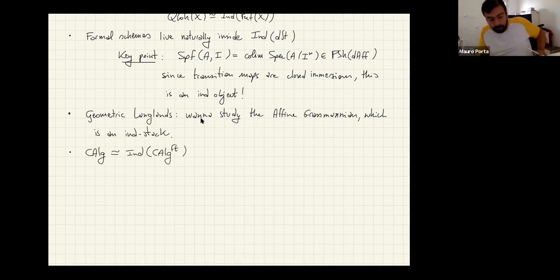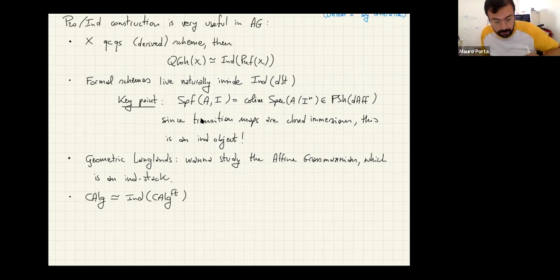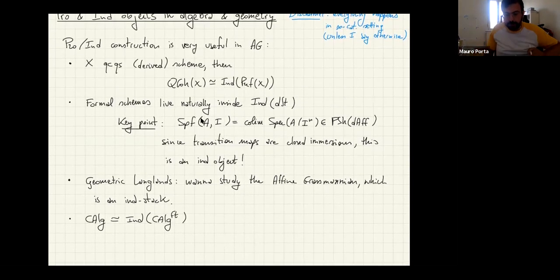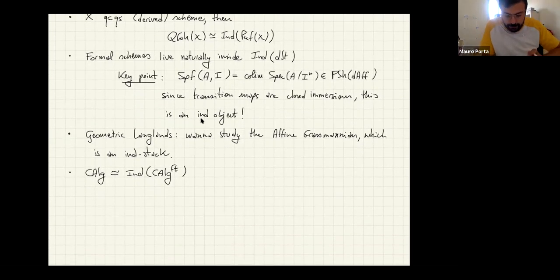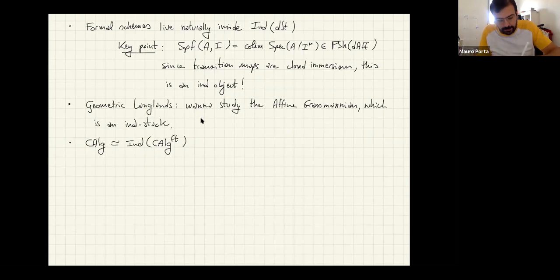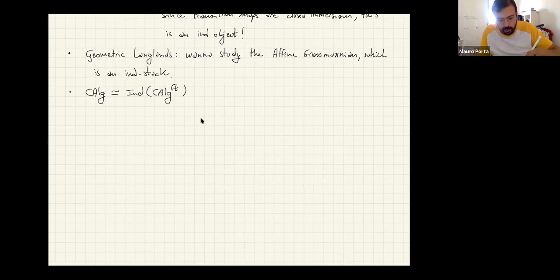So these are pretty much standard occurrences of the Ind construction. And let me take this example and look a little bit more at what's going on there. For example, we take an algebra A, not necessarily of finite type.